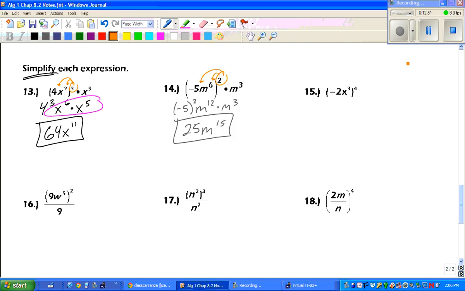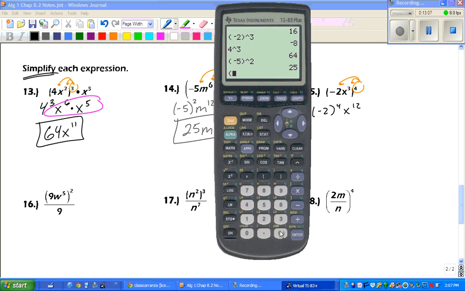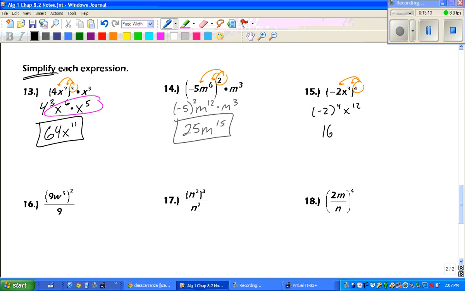Okay? So we have to just distribute the 4 to everything. -2 to the 4th power, x to the 12th. And then -2 raised to the 4th is 16. So we get 16x to the 12th.